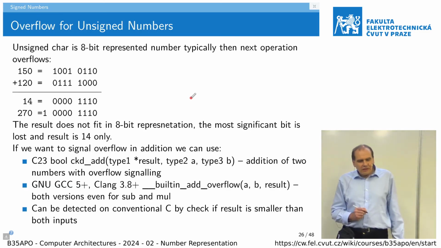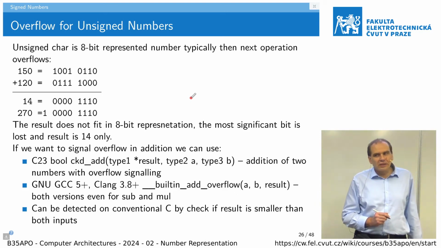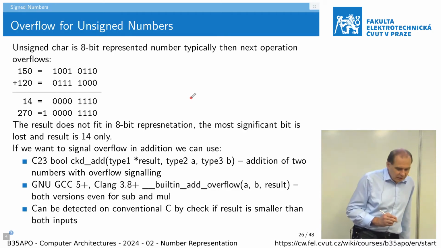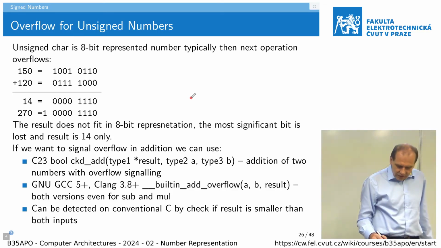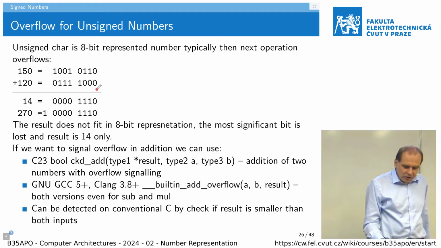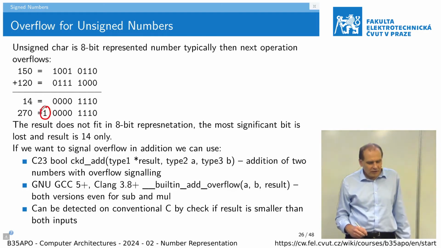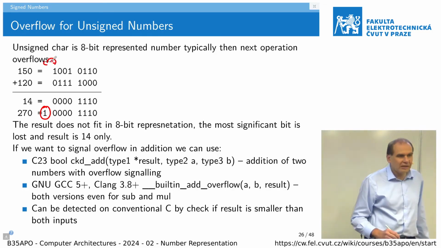And now we will check overflow, because sometimes you want to know that your computation is incorrect. And in such case, we need to decide how to find that there is a problem. For the addition, it is easy, because in this case we have that one bit, which is the carry from bit number 7 to bit number 8.